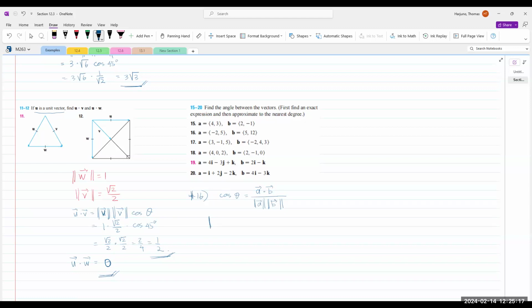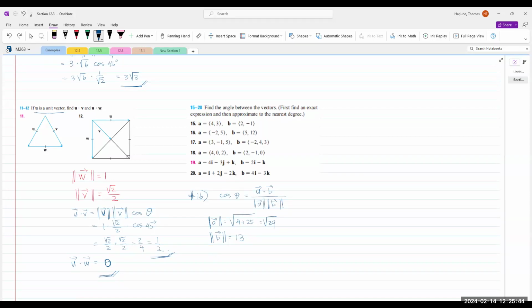Okay, the length of vector A is the square root of -2 squared plus 5 squared, that's square root of 29. And the magnitude of vector B is the square root of 5 squared plus 13 squared. Oh, we know that's a Pythagorean triple, that's 13. Okay, one more, we need to do the dot product.